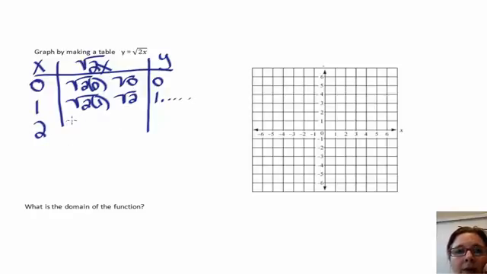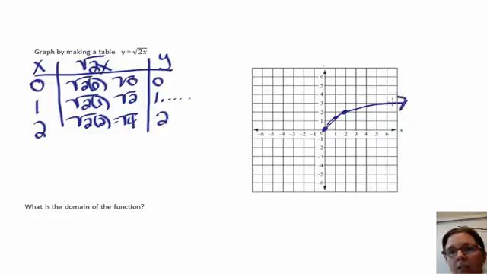And then if you had the square root of 2 times 2, which is the square root of 4, which is actually 2. So we have 0, 0, and we have 1, and then 1 point something, so you would just go up a little bit. And then we have 2, 2. But we know it's going to end up kind of curving because that's just what the look of it looks like. So you would curve it like that.